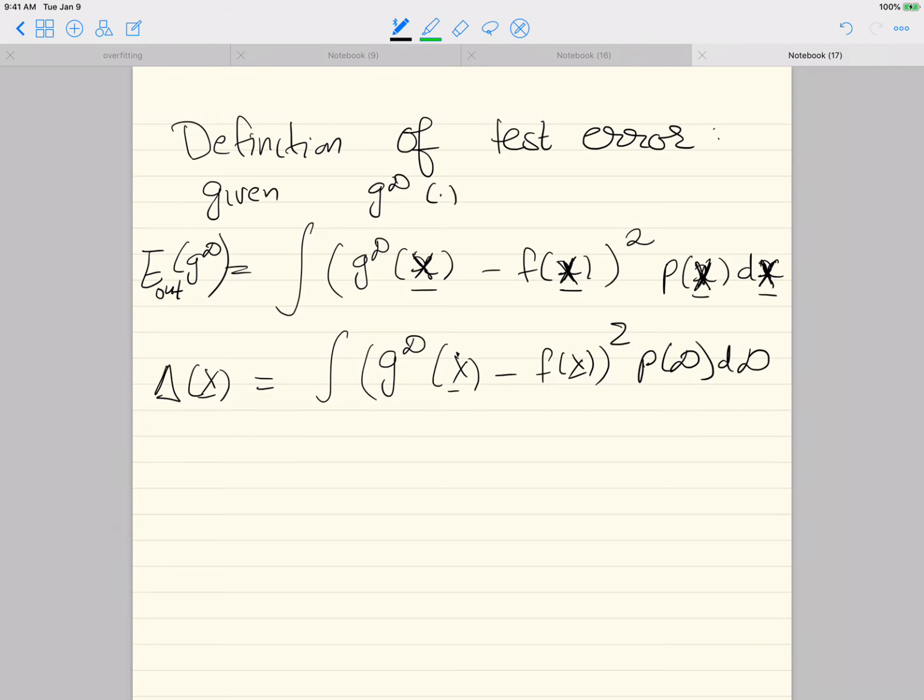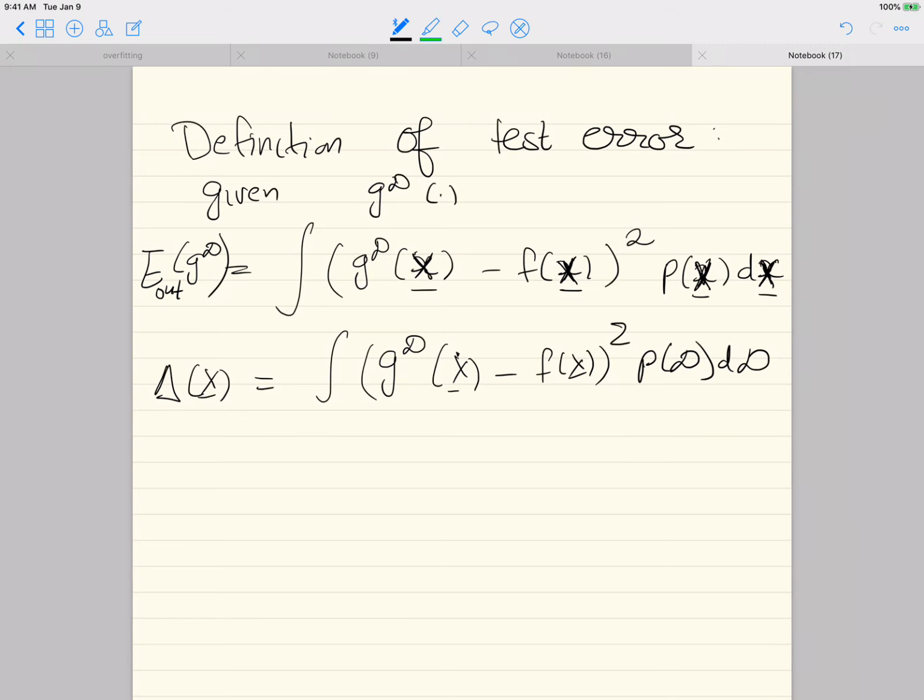We are fixing X and varying the options for our training data set, like the different lines that we could draw, and taking the average with respect to those lines. So there's a slight discrepancy between the two. In the definition for the test error, we were fixing the output hypothesis and averaging with respect to the query points during the test phase. In delta of X, we are fixing X and averaging with respect to D.